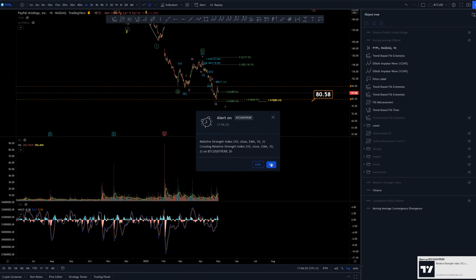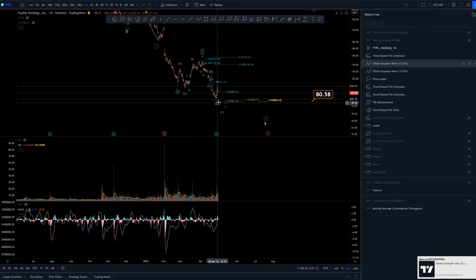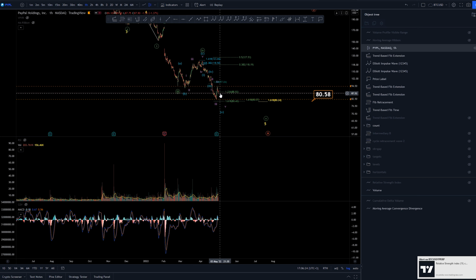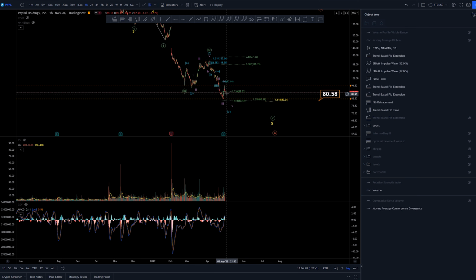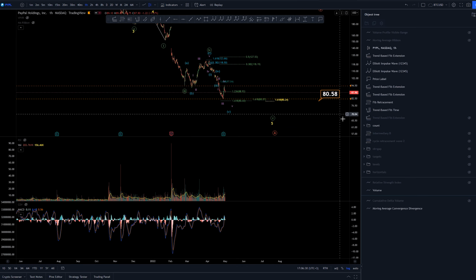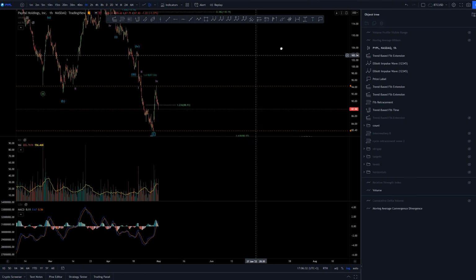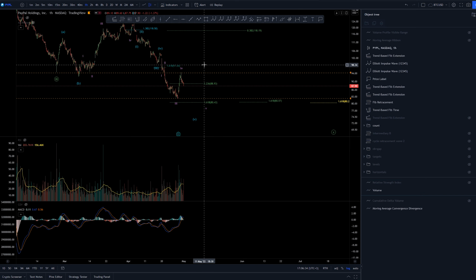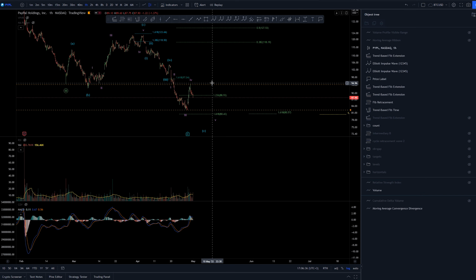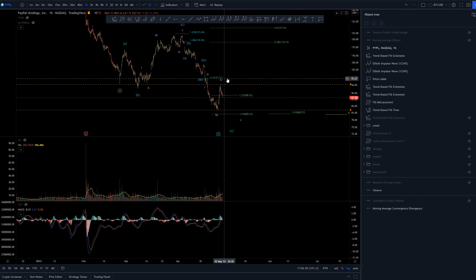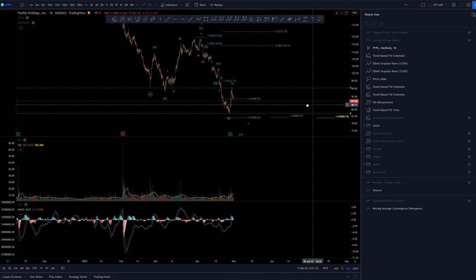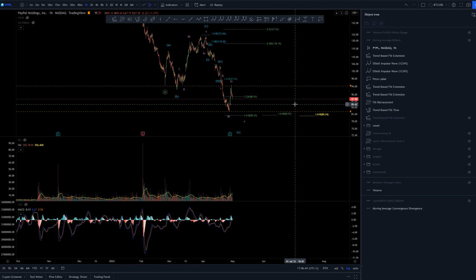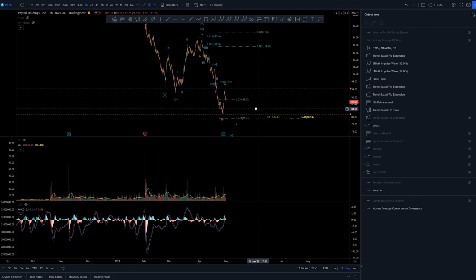Not really anything out of the ordinary here, as of course this would be a smaller time frame bounce. So in any case, it might be good to look into this PayPal once the stock is open again on Monday. So I'm adding this to my watch list for sure. We're so close to these targets.